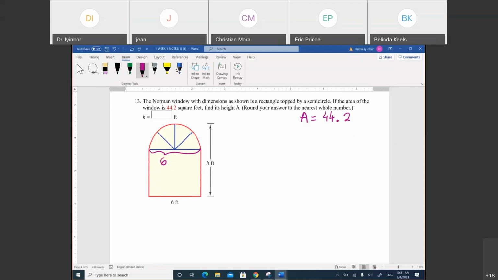Yes? Now, how big is the radius of the circle, of the semicircle? If this is the diameter, half of the diameter, what is the radius? 3 feet.